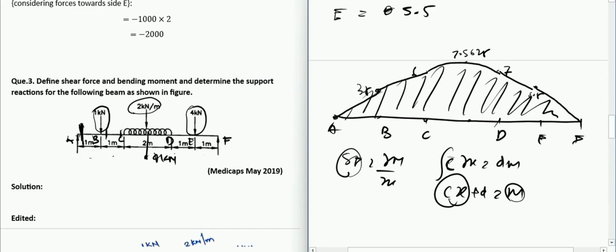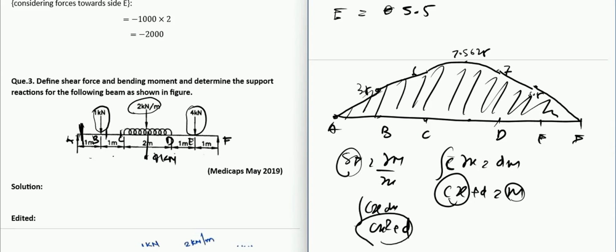And whenever the shear force is some Cx, which is a linearly inclined line, you can integrate again and get Cx squared plus D, which varies parabolically. So that is why we have made a parabola wherever the shear force is linear, and a linear line whenever the shear force is constant. So yeah, that solves our problem.